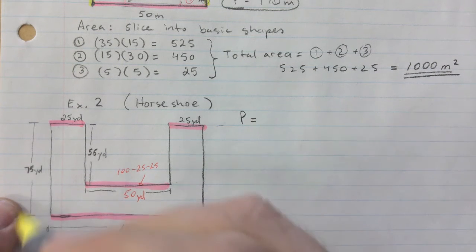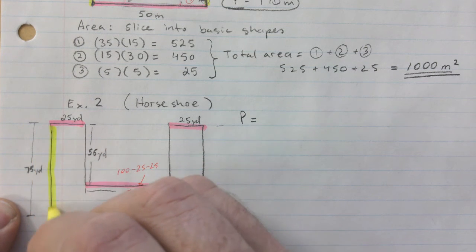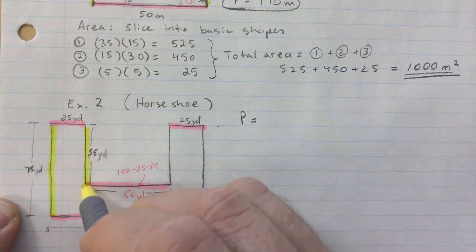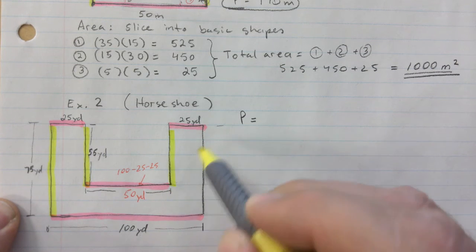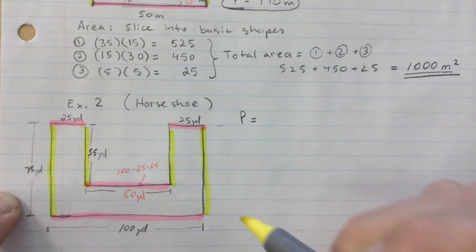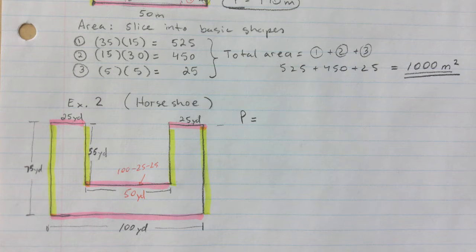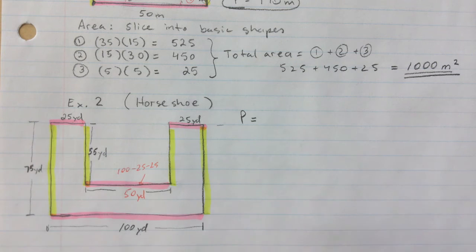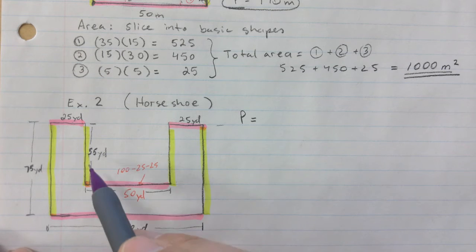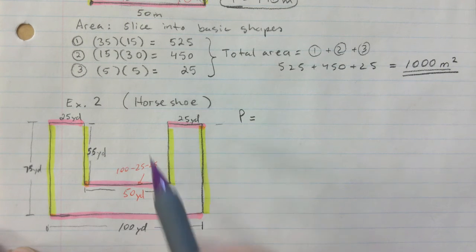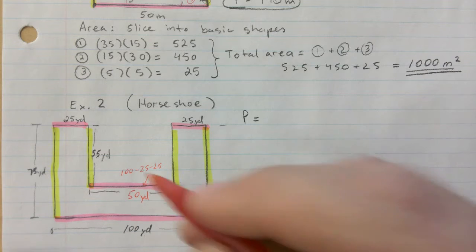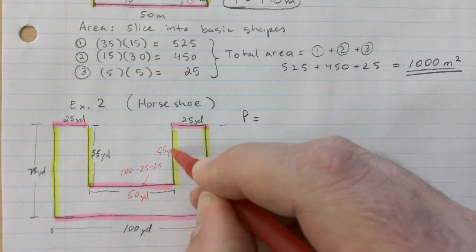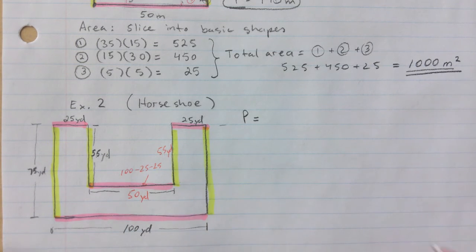And then we're going to look at the sides here. This is vertical, vertical. Notice that this is going inside the shape. So if this is 55 yards, we know this is 55 as well here. It's the same length as that one just by looking at the diagram.